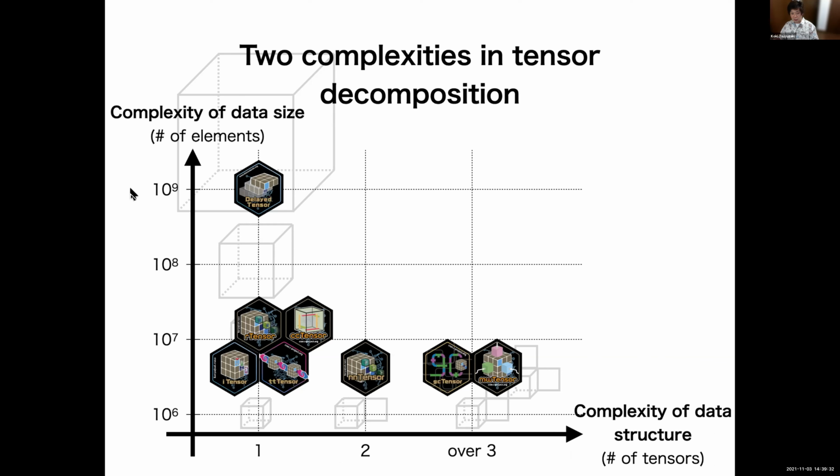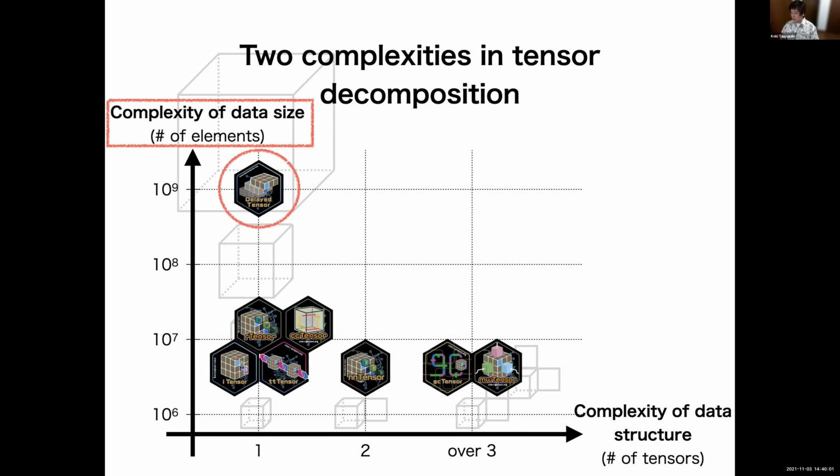The y-axis means how many elements of tensors can be used in each package, and it is interpreted as the complexity of data size. Generally speaking, the larger the data size and the larger the number of tensors, the more difficult it is to model such data. So some kind of framework to support such modeling is needed.